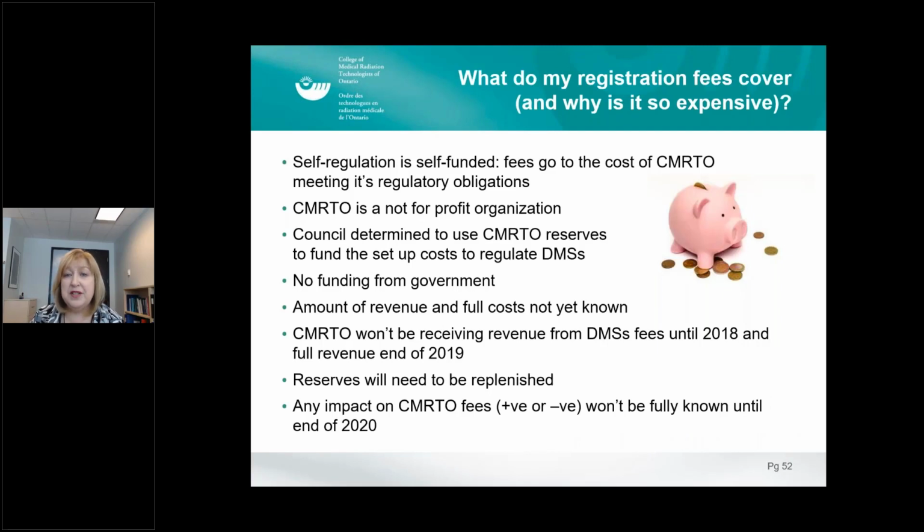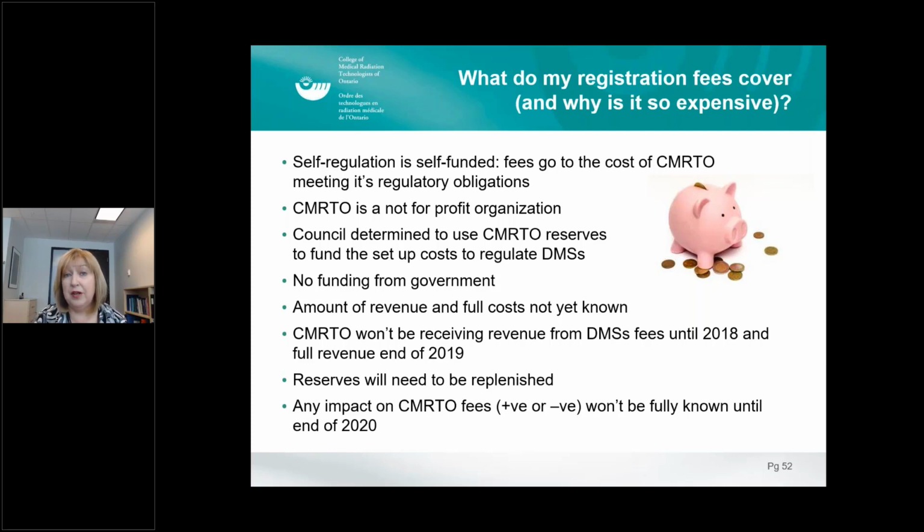So what do my fees cover and why is it so expensive? Council reviews the fees every year and approves the budget. And in fact, all our audited financial statements are available in our annual report on our website. We have received no help from the government to regulate sonographers, and the cost of regulating sonographers is front-loaded.